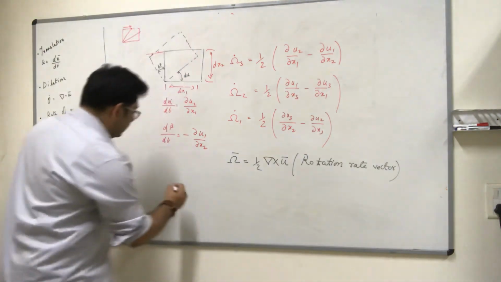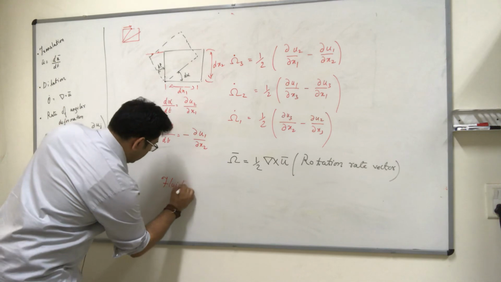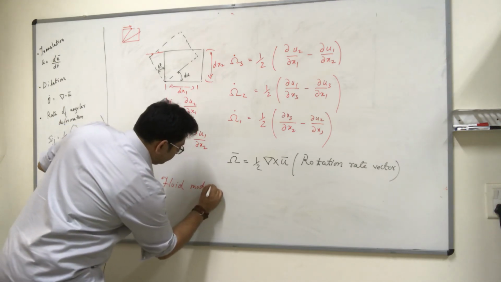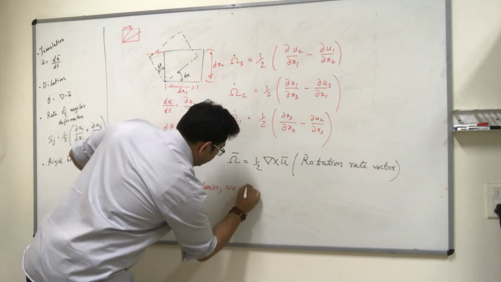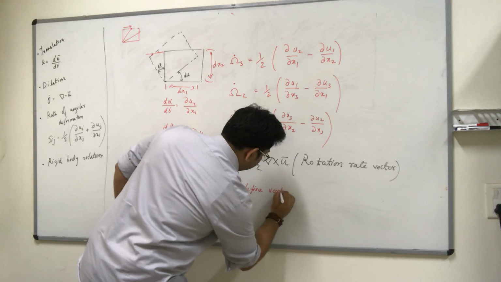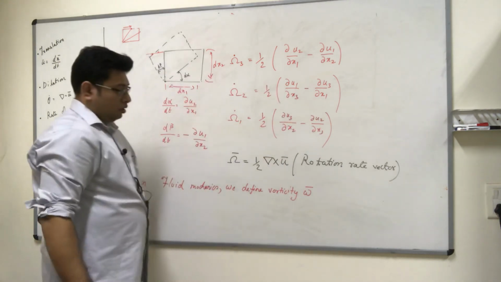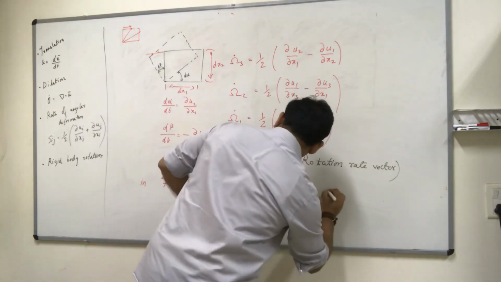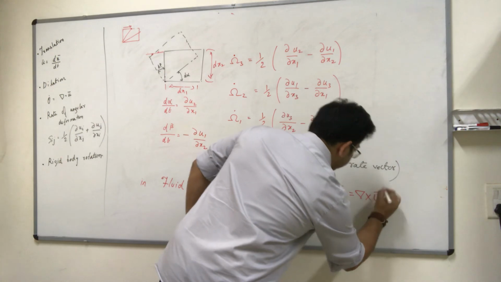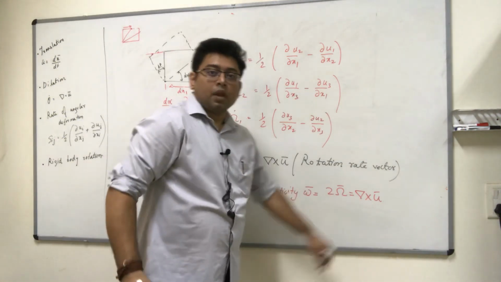In fluid mechanics we define vorticity as twice this quantity. So this is simply this cross product.